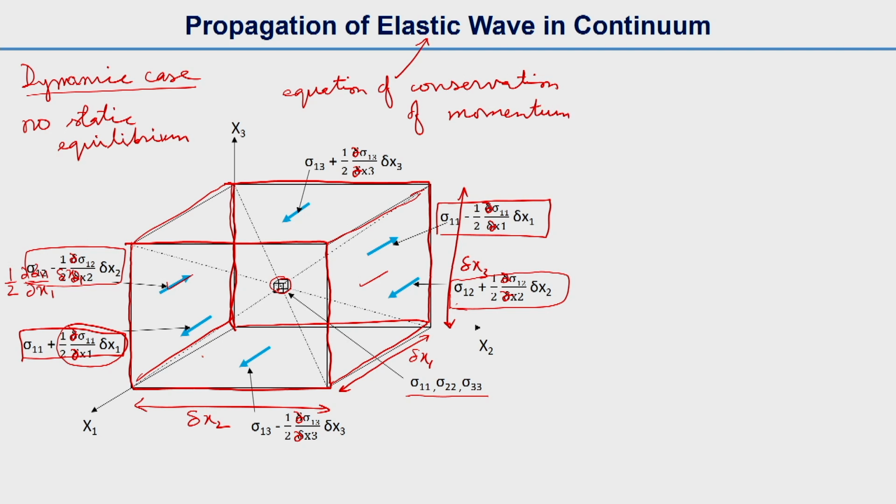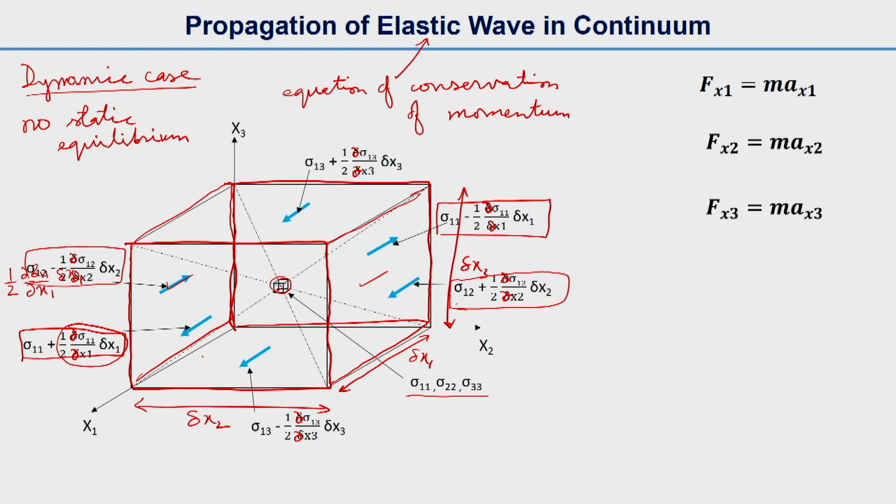For shock waves, later we may discuss that. For shock waves we may need conservation of mass and energy as well, but in this case we will go with the equation of conservation of momentum.